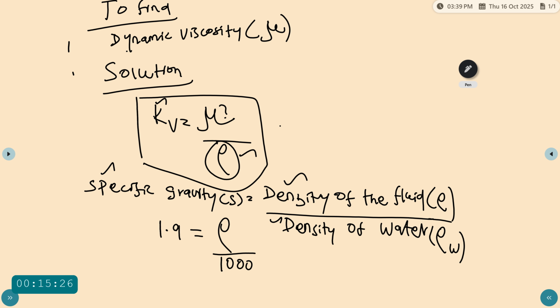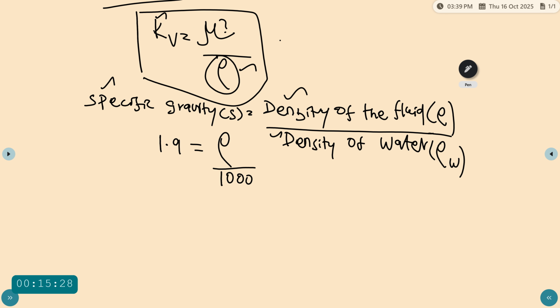So rho equals, cross multiply, 1.9 into 1000. So the answer is 1900 kilogram per meter cube. The SI unit is kilogram per meter cube.